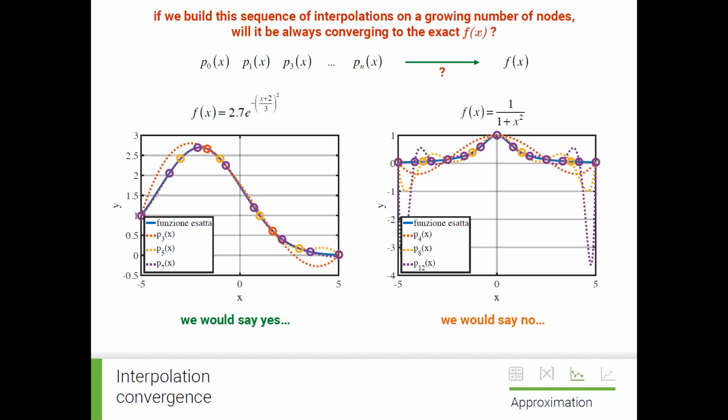So you have two examples to understand whether it will always converge to exact f of x.